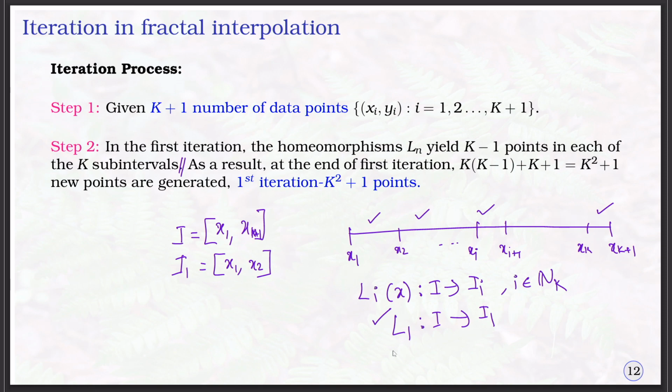The form of L1 is L1 of x equal to A1 x plus B1. A1 is the contraction factor of the L1 mapping. A1 contracts the interval so that the whole interval is mapped here, and the B1 shift makes it match exactly. That means L1 of I is contained in I1.